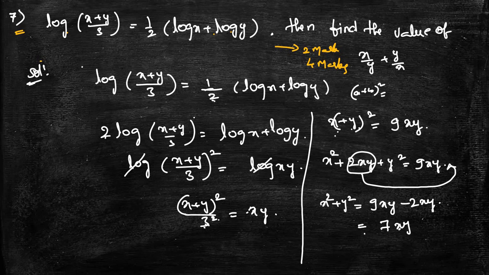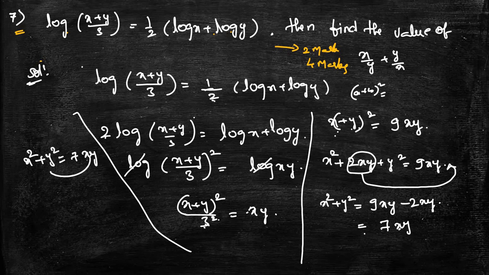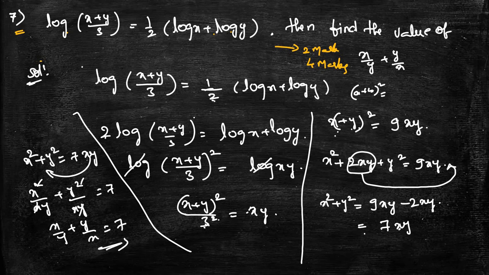Now I will bring this xy this side, and x square by xy plus y square by xy is equal to 7. So y gets cancelled and x gets cancelled. x by y plus y by x is equal to 7 here, the answer.